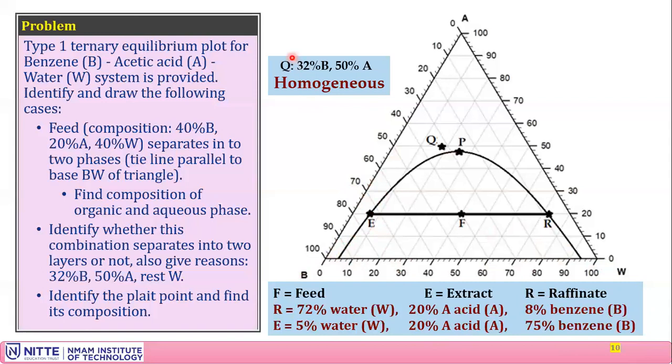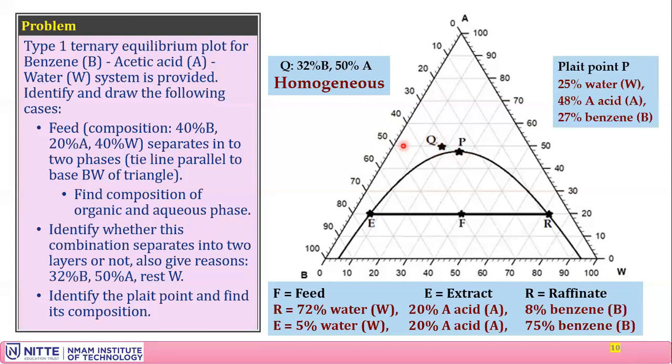Next part, Q. This Q, if you draw this particular thing, that is 32% and 50%. The rest, the third one, is not required. As I told you earlier, the total is 100%. So it forms this particular point, and clearly it is outside the binodal curve. So obviously it should form a homogeneous phase. Plait point, as I told you, you have to draw the point, then find out the composition of this, and accordingly EA forms somewhere here, that is 48%.